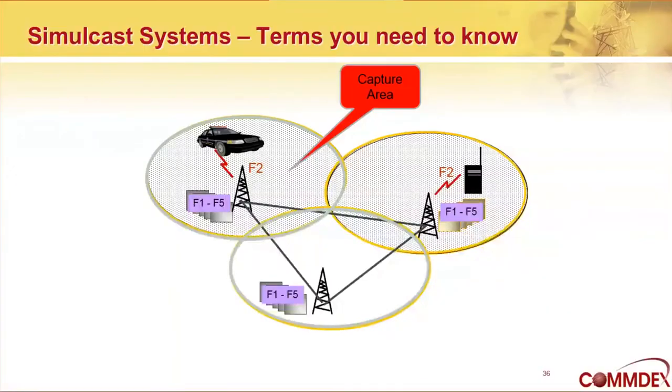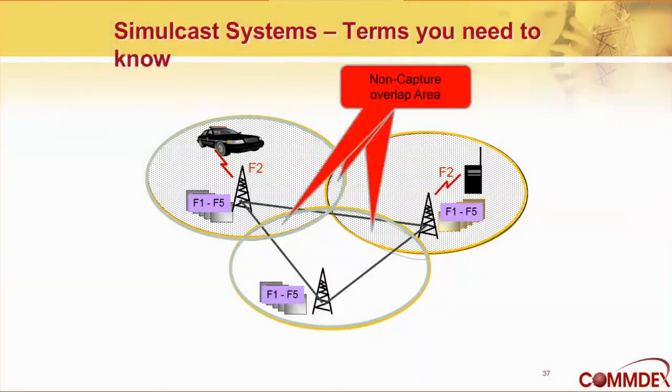So capture area is defined as the area in which you will be captured by a single site. If you're in the upper left site, you'll only be talking through that site because you're not strong enough to capture the receiver on the other 2 sites. And you're fine as long as you're there. But when you move into the overlap areas, now your signal is contending with several sites.